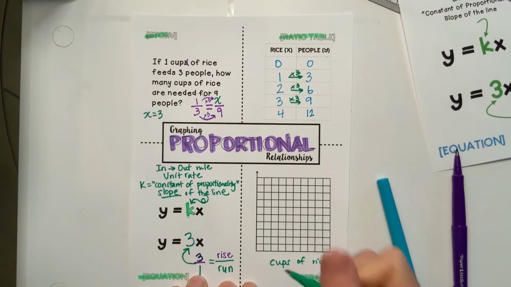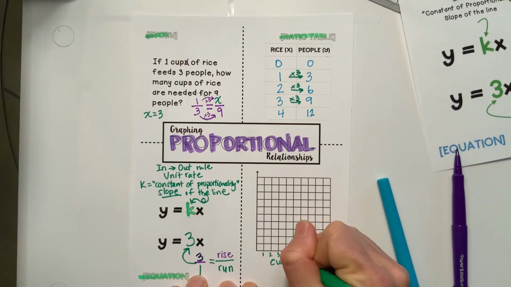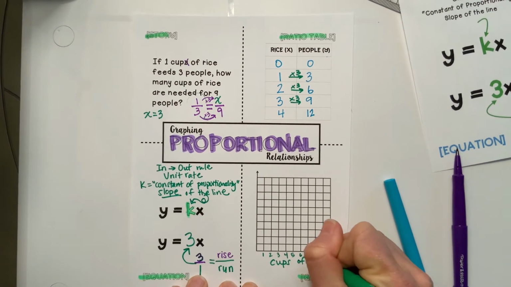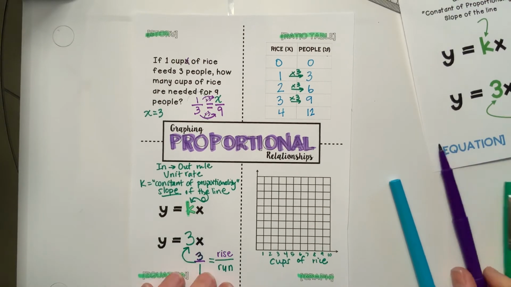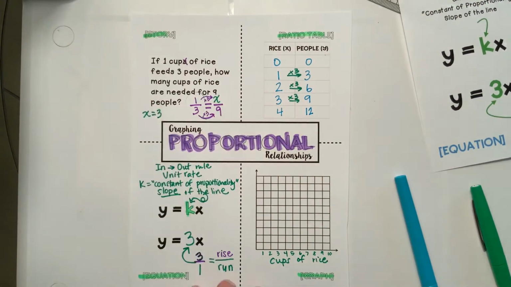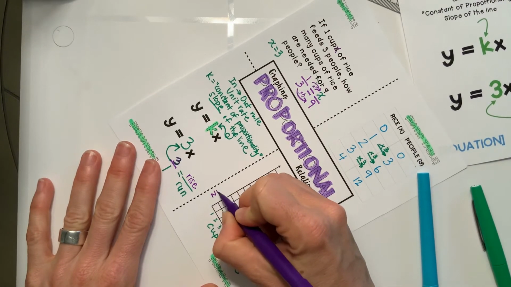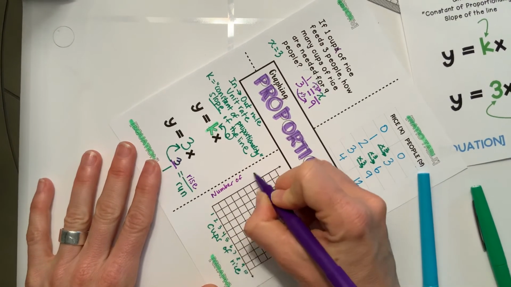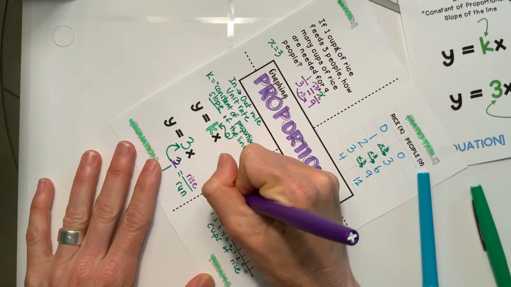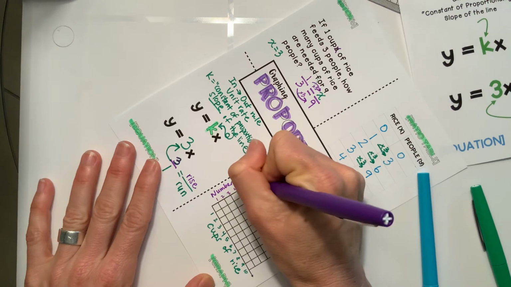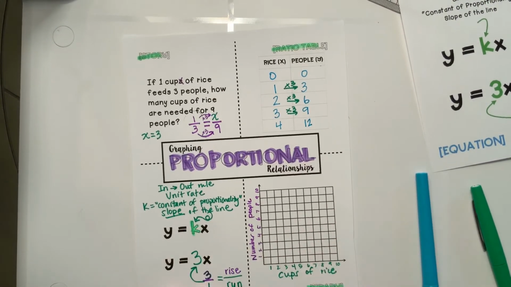And then we could label with our numbers 2, 3, 4, 5, 6, 7, 8, 9, and so on and so forth. And then the y-axis is the number of people it feeds. So I'm going to go ahead and label that. Number of people, and I'm going to do my scaling. So 1, 2, 3, 4, 5, 6, 7, 8, 9, 10. Okay, so I have that all set up.